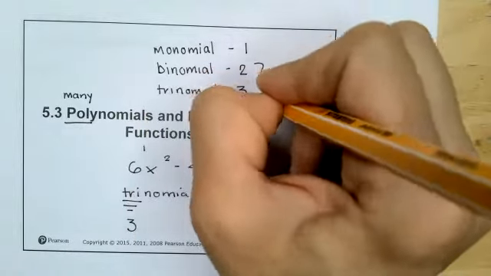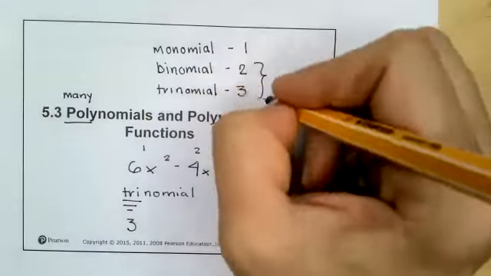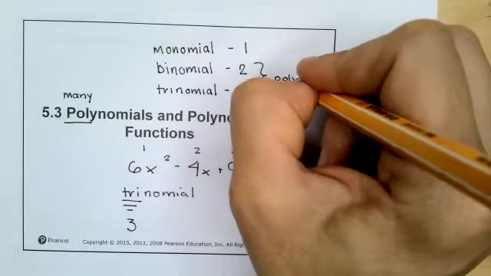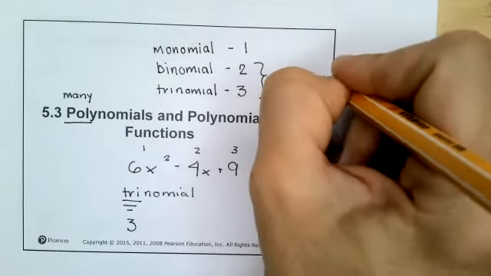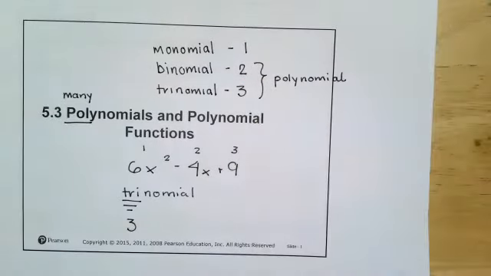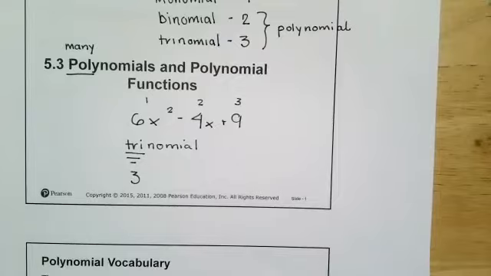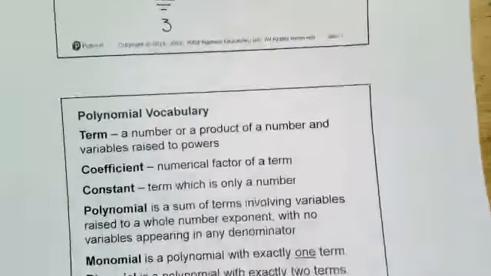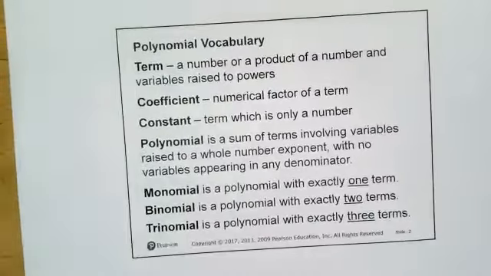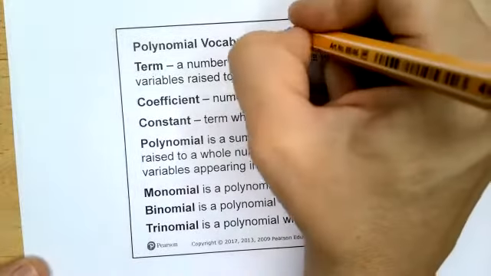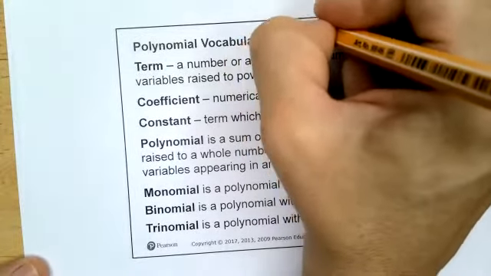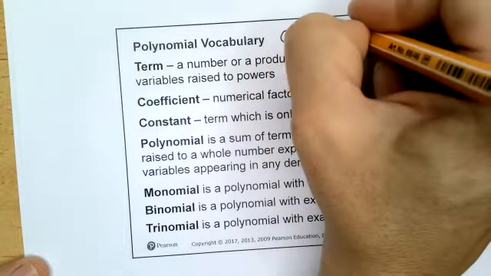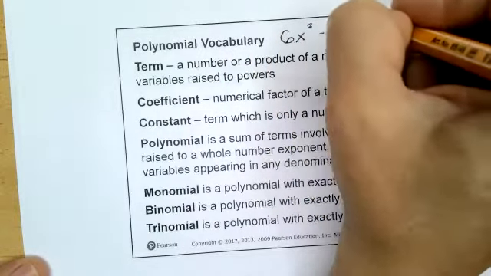So these and anything bigger than that is also called a polynomial. So it's just some new vocabulary. So in this polynomial that I made up, 6x squared minus 4x plus 9.